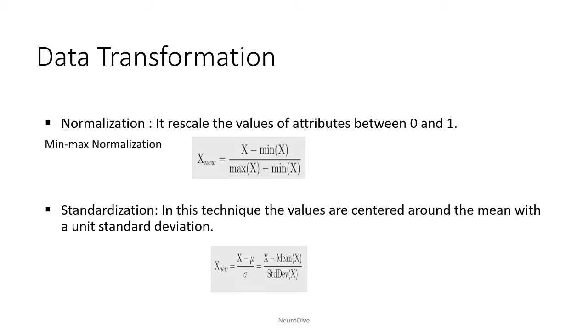In min-max normalization, we use the minimum and maximum values of the attribute to rescale, and it gives us values between 0 and 1. If we apply min-max normalization on age and salary, we will get values between 0 and 1, so no one particular attribute is going to impact our model. In standardization, we use the mean and the standard deviation.